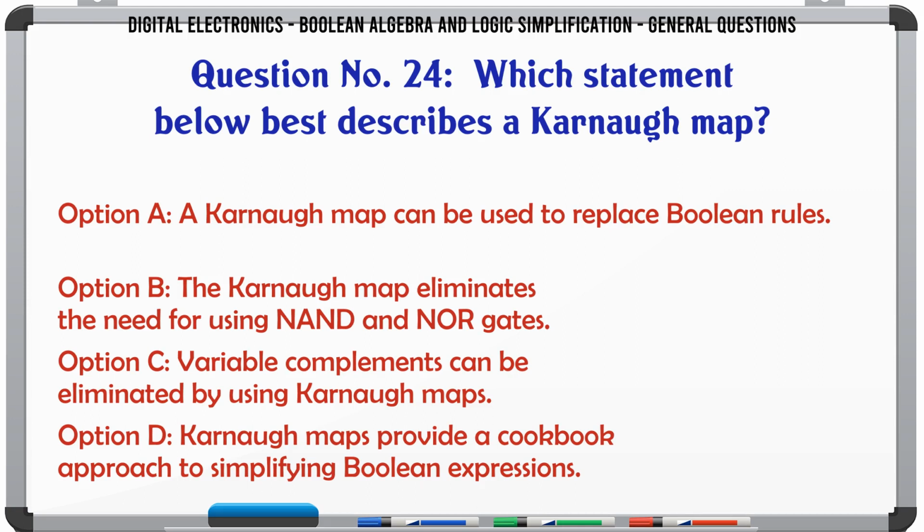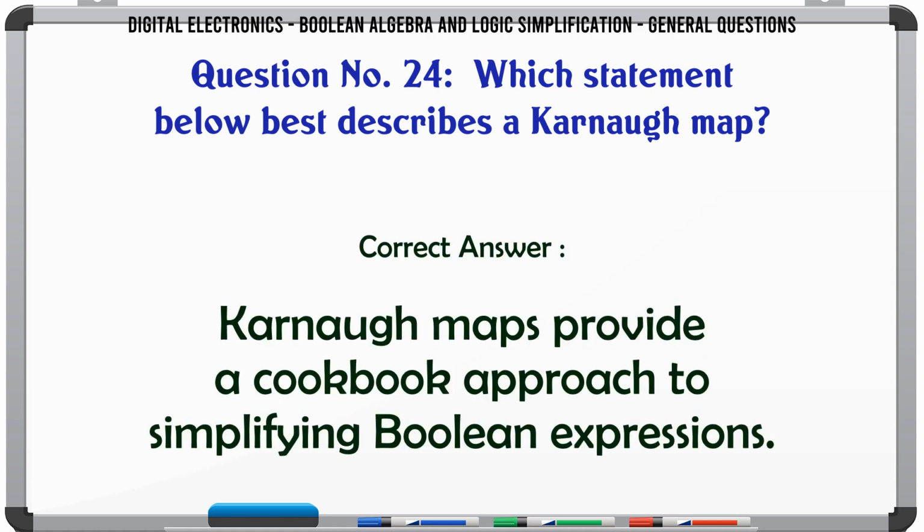B. The Karnaugh map eliminates the need for using NAND and NOR gates. C. Variable complements can be eliminated by using Karnaugh maps. D. Karnaugh maps provide a cookbook approach to simplifying Boolean expressions. The correct answer is Karnaugh maps provide a cookbook approach to simplifying Boolean expressions.